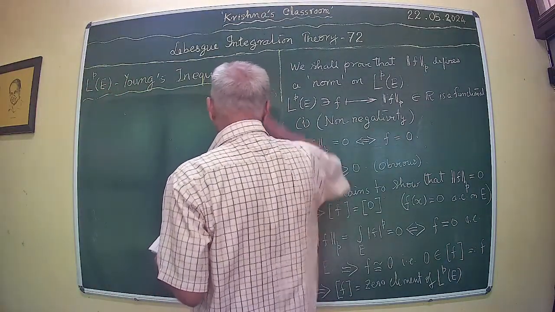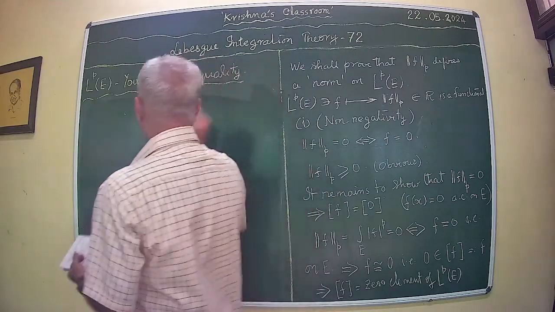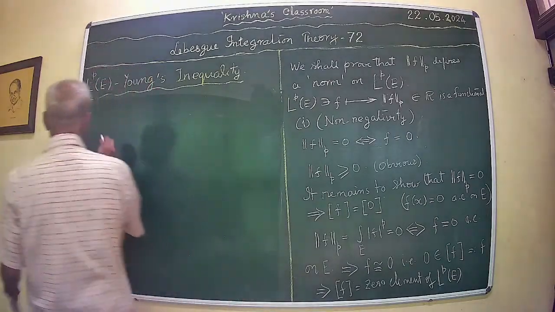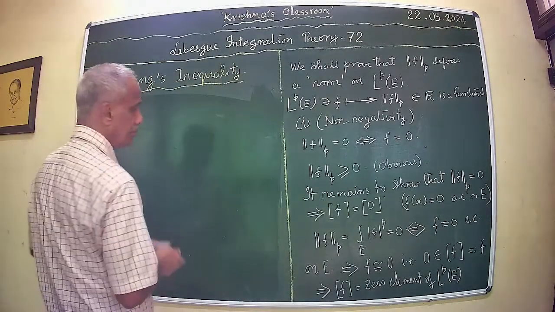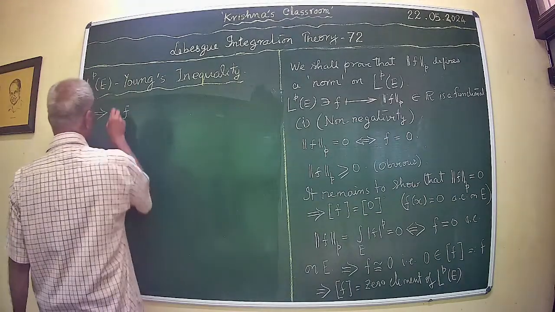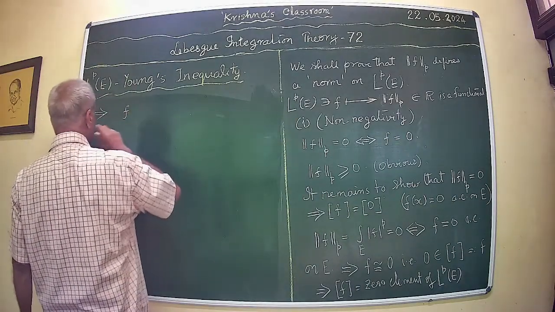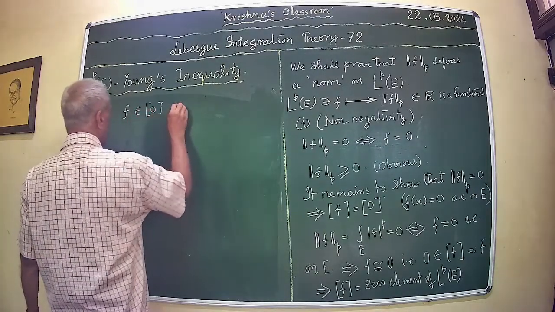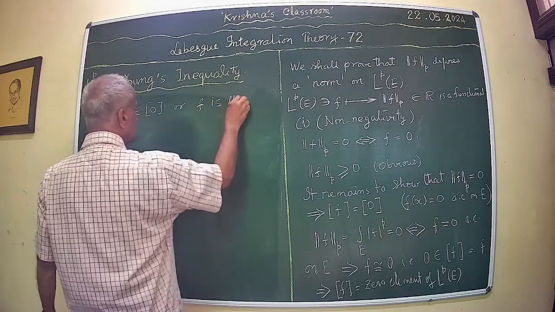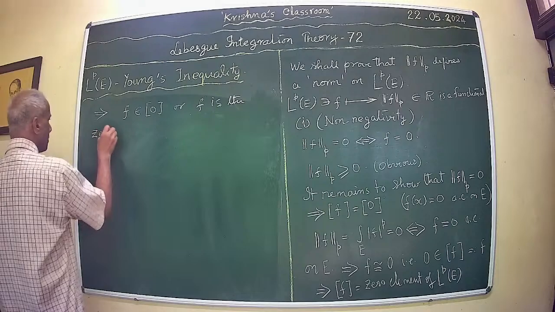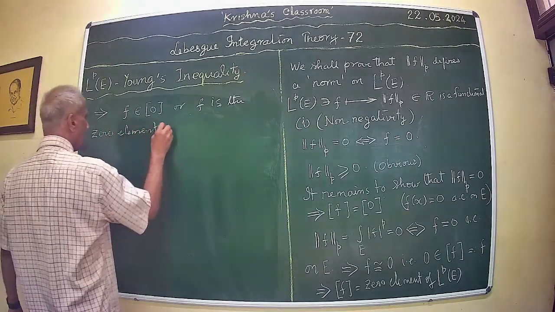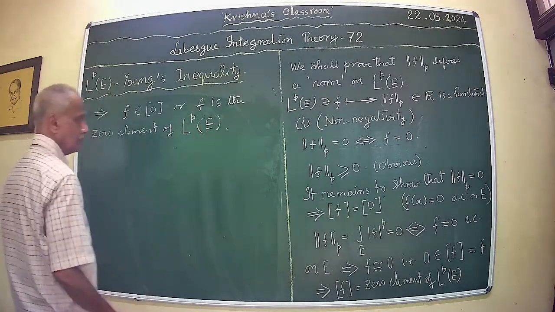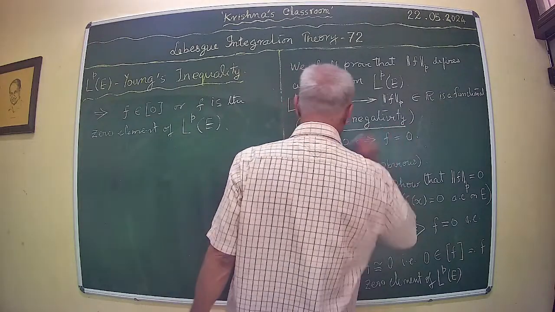That means the class or F is the zero element of LP, so that completes the proof of this.